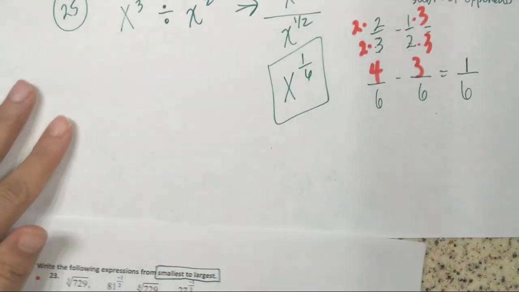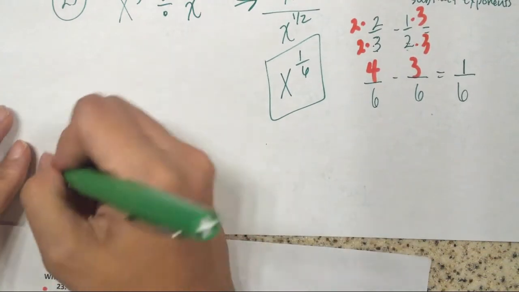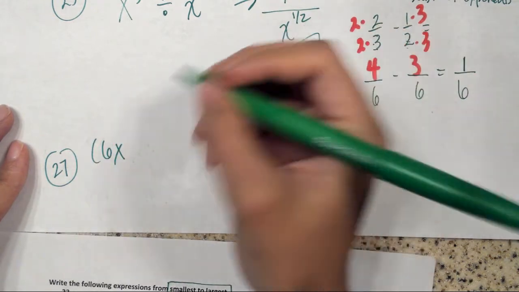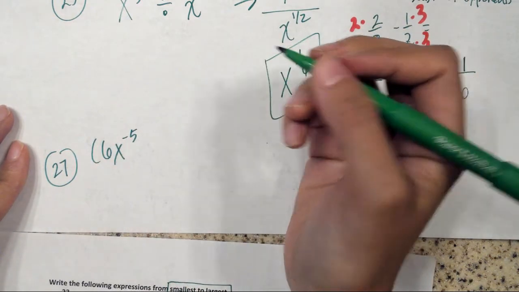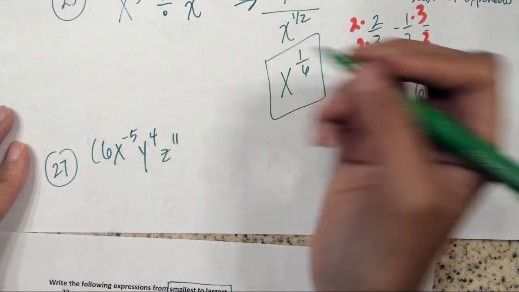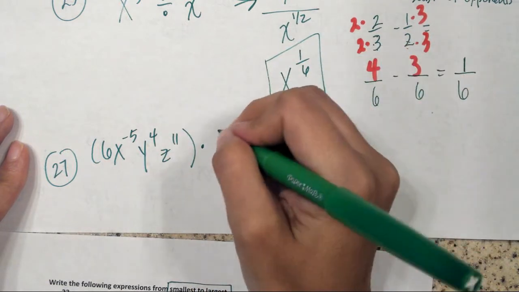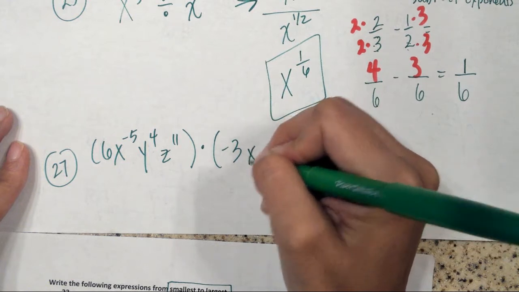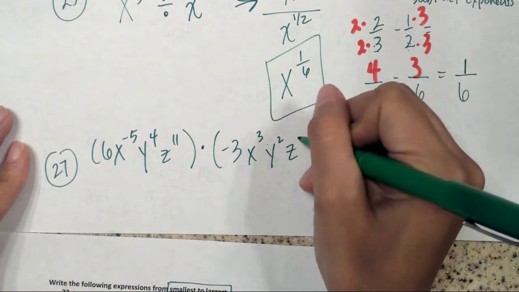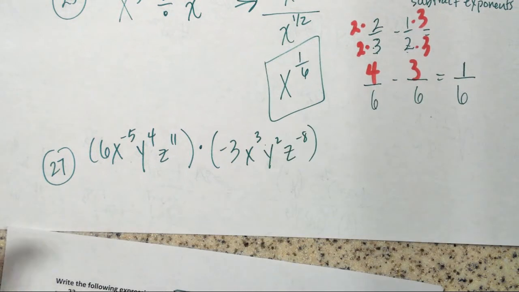Alright, let's go to number 27. So I have 6x to the -5th times y to the 4th, z to the 11th, times -3x cubed, y squared, z to the -8.